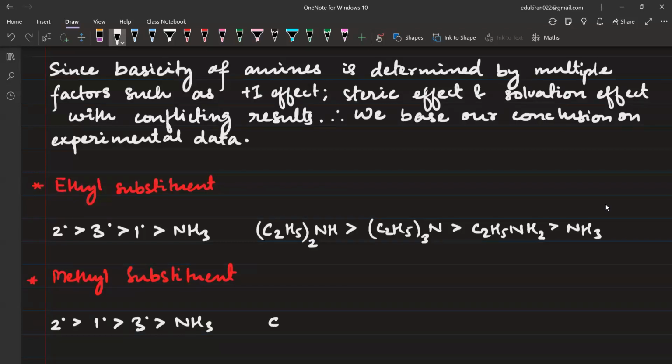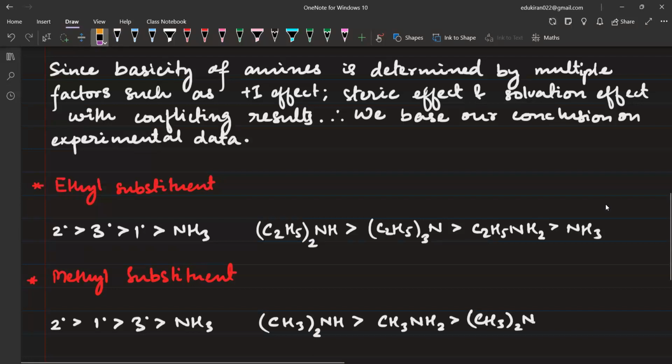Now in this case I will write (CH3)2NH, which is followed by CH3NH2, which is followed by (CH3)3N, not twice, it will be thrice, my bad, and then followed by ammonia, NH3.